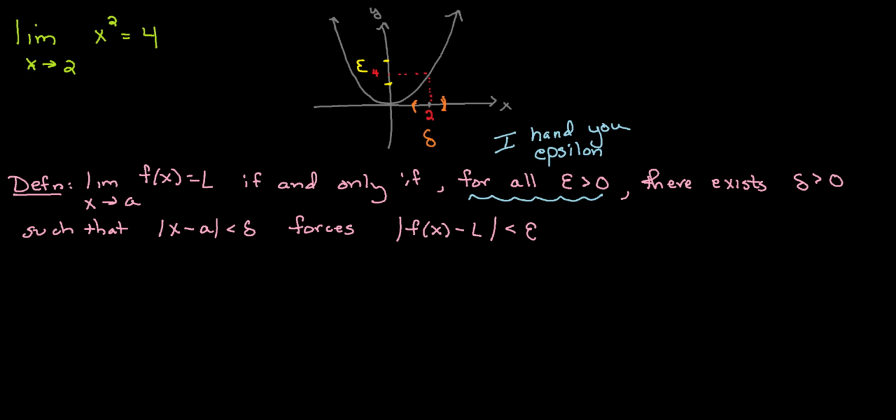Epsilon might be 1, might be 0.5, might be 1/100th. I don't know. I'm going to surprise you, but I'm going to hand you an epsilon. And no matter what epsilon I come up with and hand to you, there exists some delta that you're going to have to find.